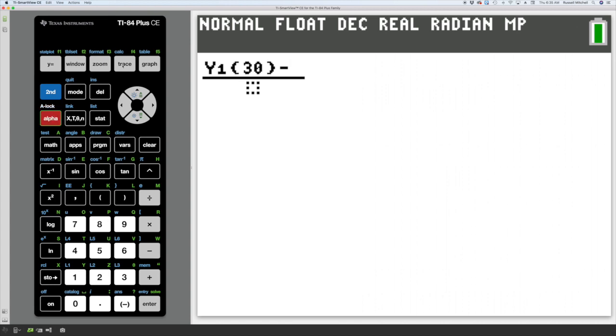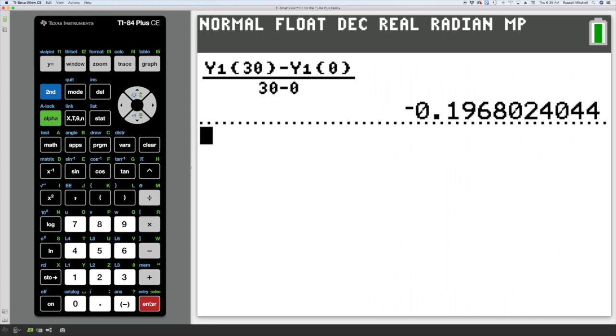So alpha trace again, y1 of 0. We need the parentheses here, because when you have y1 and it has the parentheses, it knows you're talking about that as a function. And then 30 minus 0. And this would be showing your work, and then it equals this.